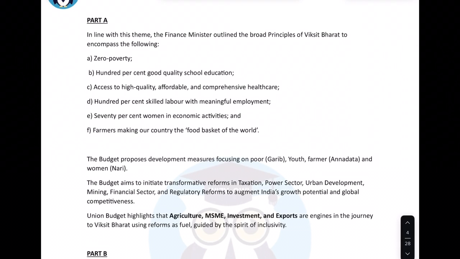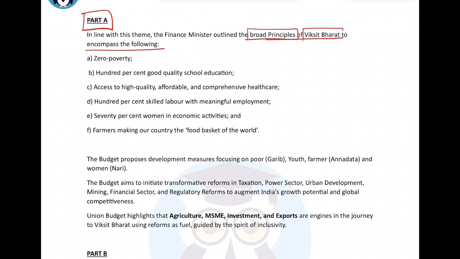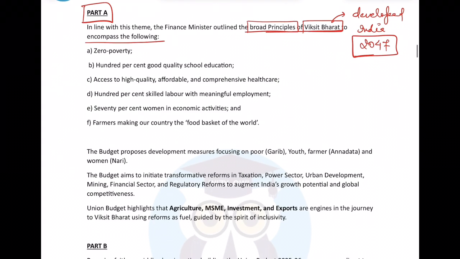Now, as we have already talked about, part A covers the macroeconomic part. So these are some of the broad principles which were mentioned as a part of Viksit Bharat, meaning developed India by 2047. So what are the major broad principles followed?